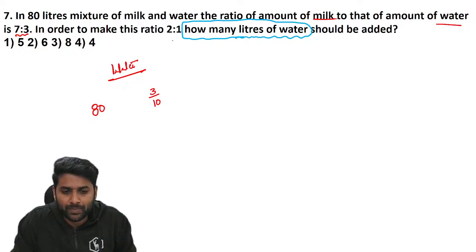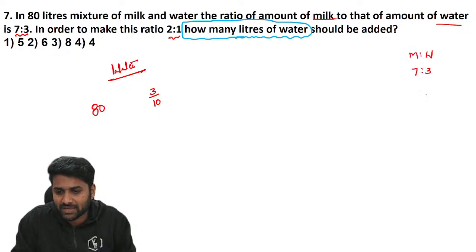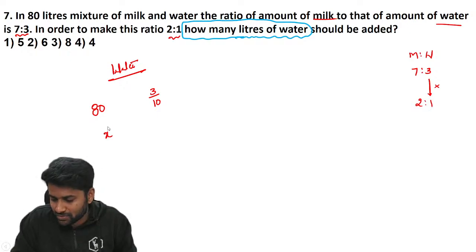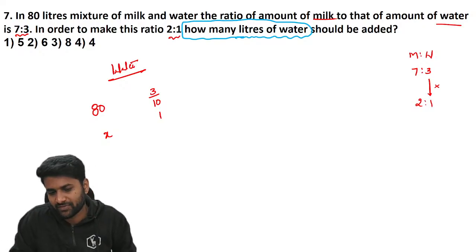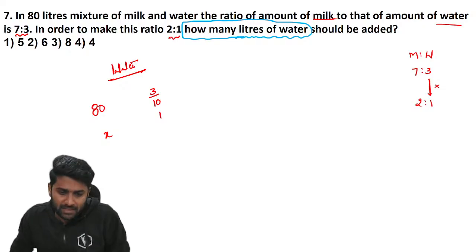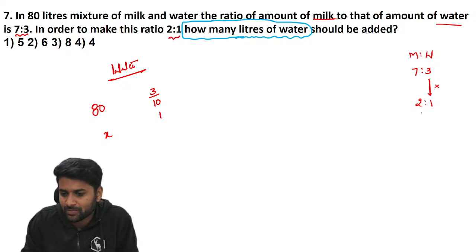And in order to make a ratio of 2 is to 1, the initial milk and water ratio is 7 is to 3, and we are adding only water, then the ratio becomes 2 is to 1. So we are adding x liters of water. If it is x liters of water, then the pure concentration is 1. We are solving in terms of fractions. If the percentage is 100, the fraction is 1. So by adding these, the ratio becomes 2 is to 1.